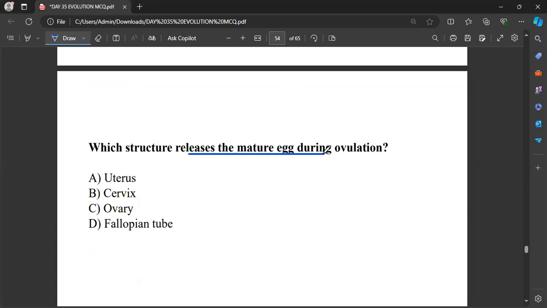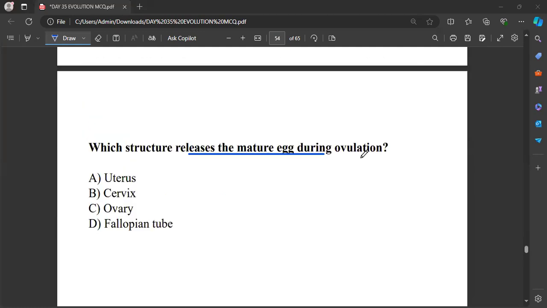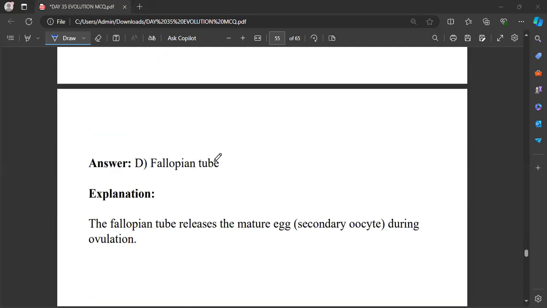Which structure releases the mature ovum during ovulation? See, this is the structure.